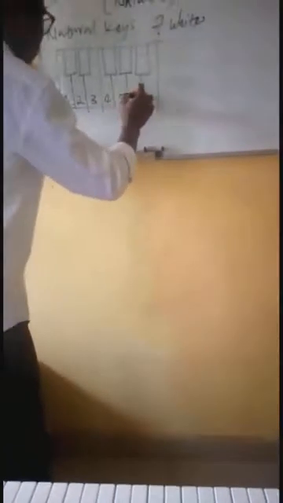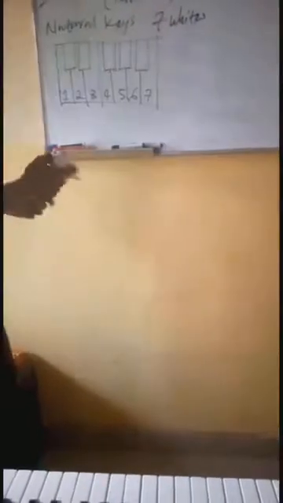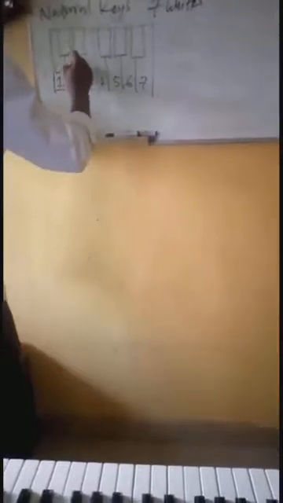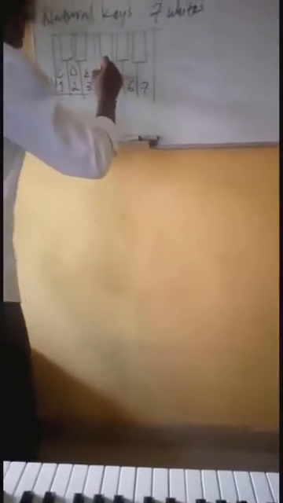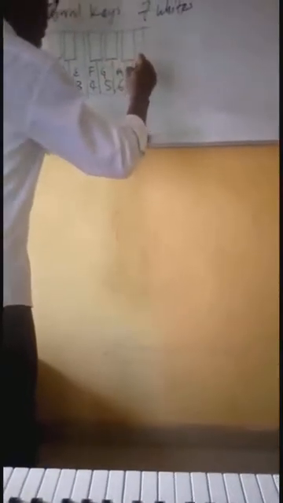This is the first natural key, second natural key, third natural key, fourth natural key, fifth natural key, sixth natural key, and the seventh natural key. Now, since C is our first natural key, this becomes our C, and D follows, E, F, G, A, and B.